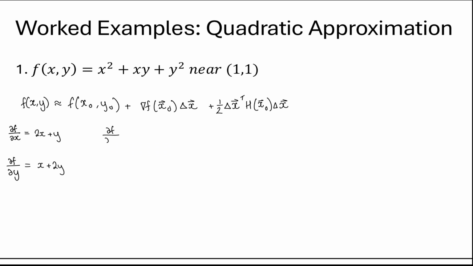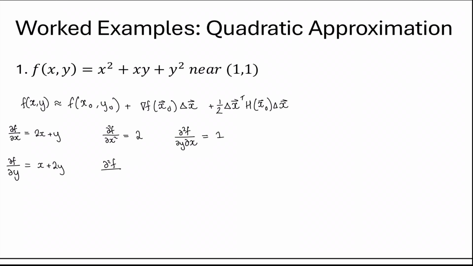Now, to work out the second derivatives, we will partially differentiate this function with respect to x again, and so we get just 2. And then if we differentiate this function with respect to y, we get just 1.